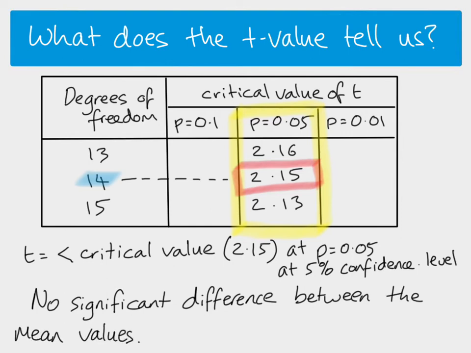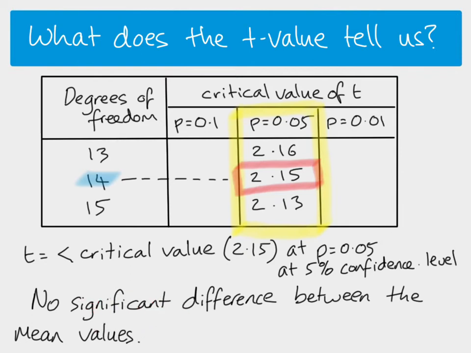Now, this is important. This word here, significant, is really important. It's highly likely that there is a difference in the means because we're looking at, in this case, living organisms. We have variation between individuals. It's highly likely that the mean values for our 2 data sets are going to be different. But whether or not it's significant is the important thing.